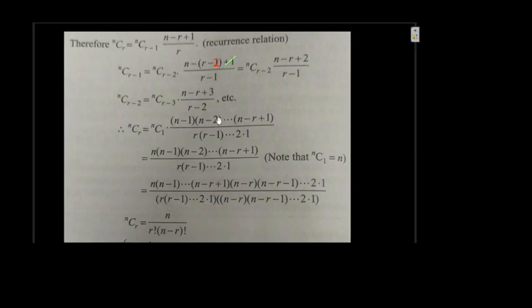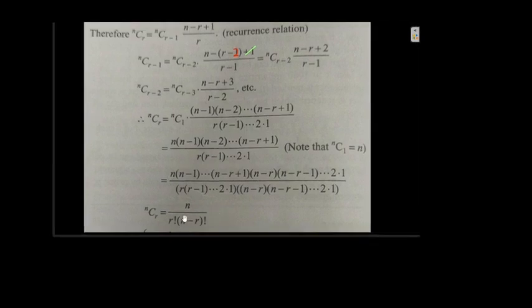This is because we put each term here, then n choose 1 becomes n. Then doing a little algebra and simplifying the terms, we ended up getting n choose r, which is n factorial divided by r factorial times n minus r factorial.